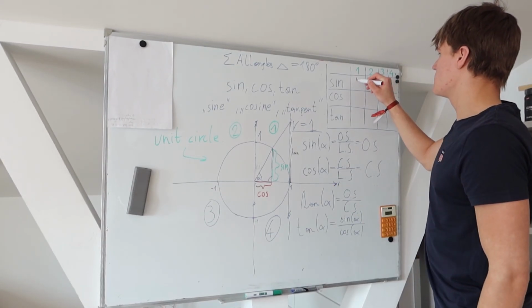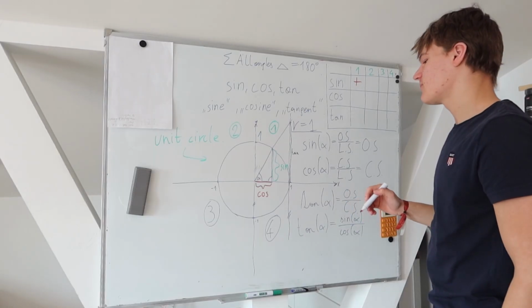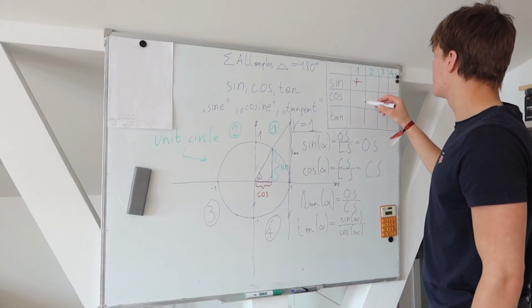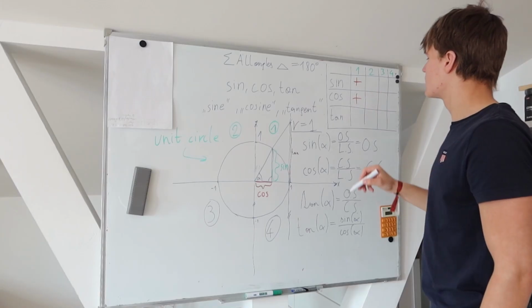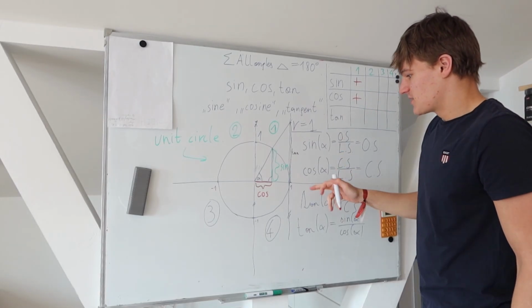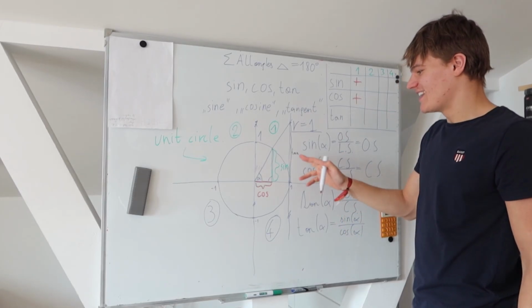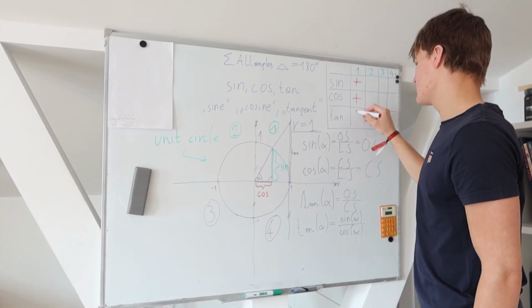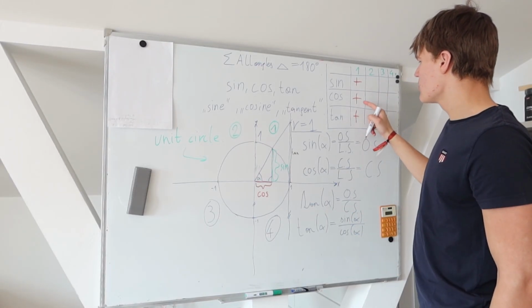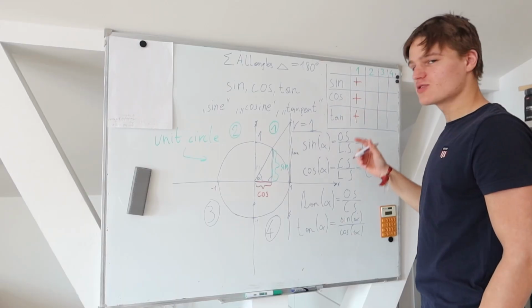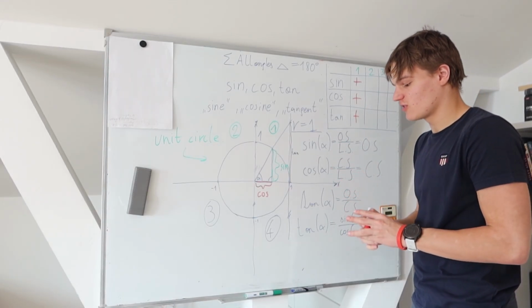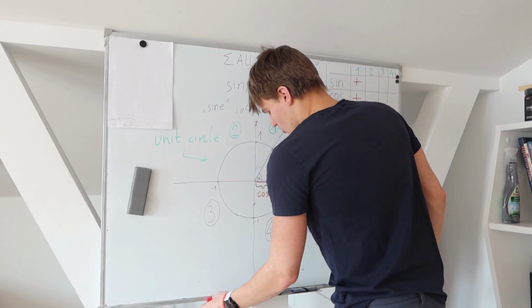Yes, it does, which means it's positive, plus. All right. Does the cosine go in the positive direction of x? Yes, it does, which means it's also positive. Does the tangent go in the positive y direction? Yes, it also does. So all 3 values in the first quadrant, or first quarter of the circle, are positive. Good.